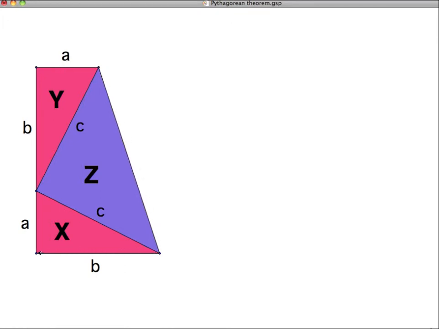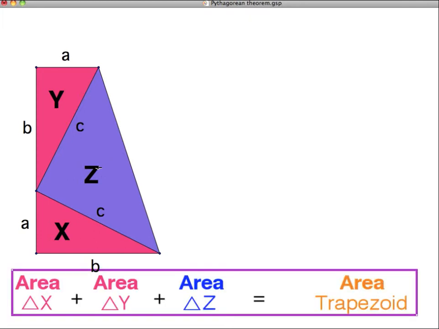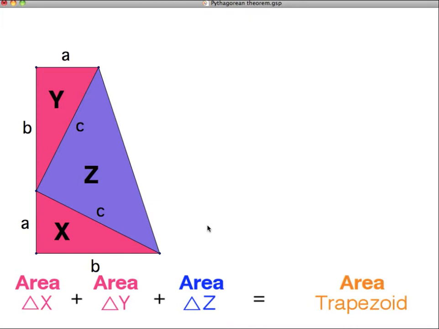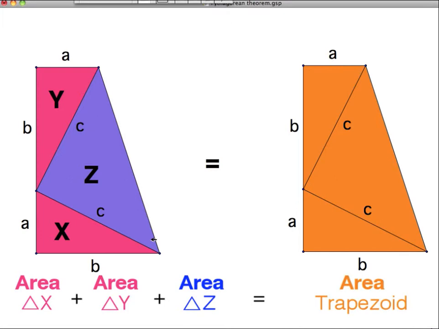There we go. Now notice that there are at least two ways to view the area of this larger quadrilateral. We can view the area of this quadrilateral as the sum of the areas of the smaller triangles. In other words, the area of X plus the area of Y plus the area of Z. Symbolically, that looks like this. But Garfield noticed that there was a second way to view the area of this larger quadrilateral.